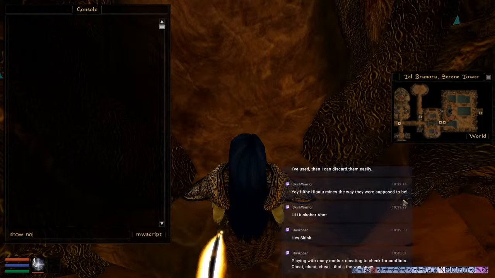I want to check if Necessities of Morrowind is working as expected. I don't remember how it is told.